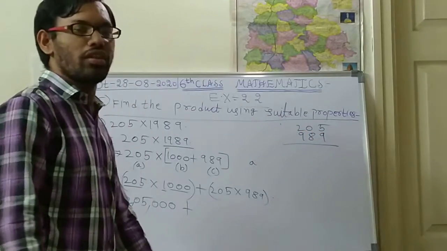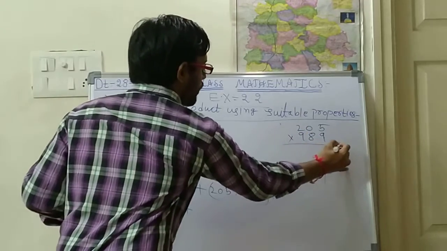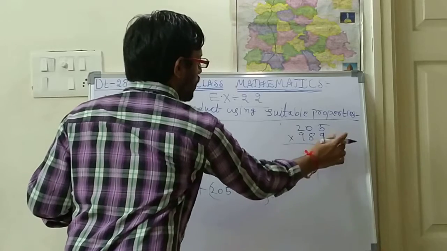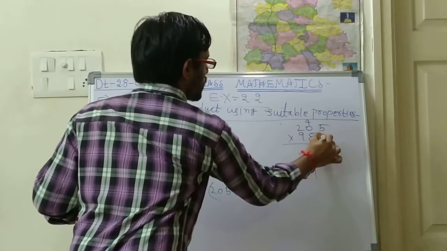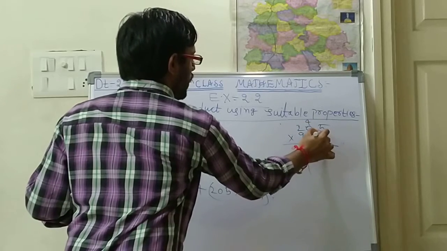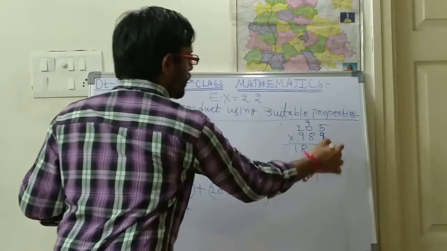So 205 into 989. 9 5s 45. Next 9 zeros 0 plus 4 is 4. Next 9 2s 18. Nothing to add, so 9 2s 18. The ones place is completed.